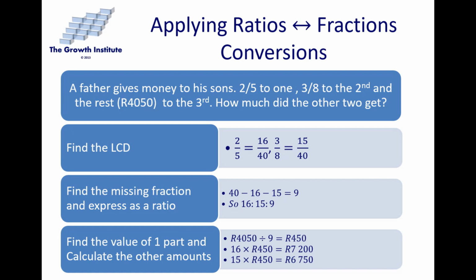Okay, so now we can say 16 times 450 gives me 7,200, and 15 times 450 gives me 6,750. So now we know that the first son got 7,200, the second son got 6,750, and the youngest son got 4,050. This is clearly the way this father decided to distribute the money.